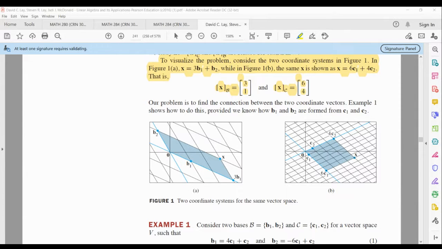But of course, what we would like to do is be able to see how, I mean, can we relate coordinate system A to coordinate system B? Can we relate the coordinate system in picture A to the coordinate system in picture B?